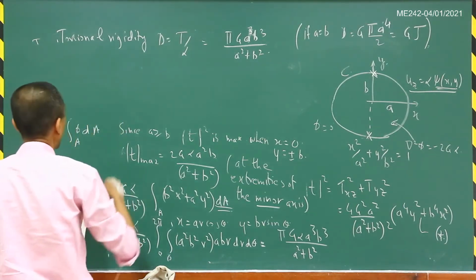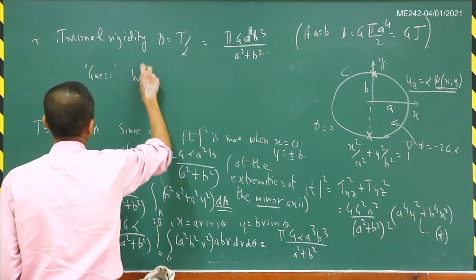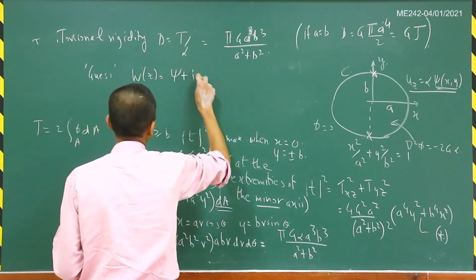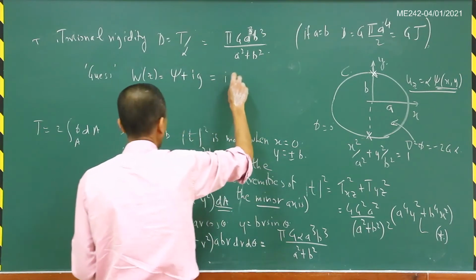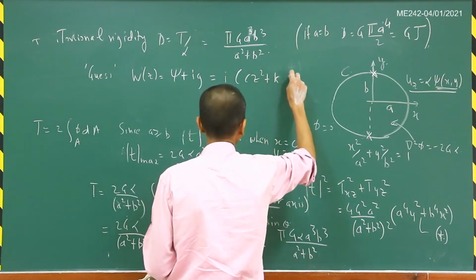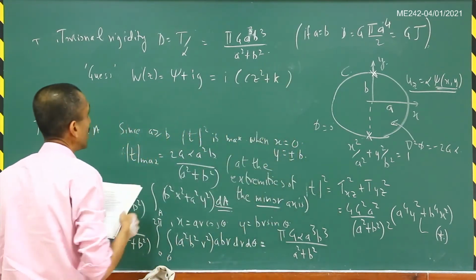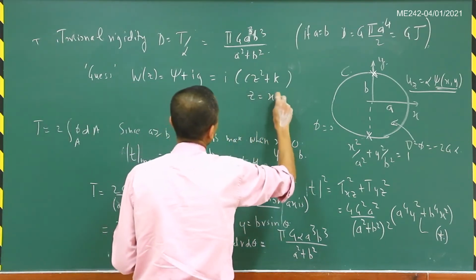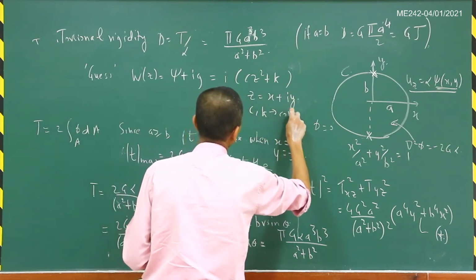So let's guess, in this case again, W of z is equal to psi plus i g is equal to i times (c z square plus k), where c and k are constants to be determined, and z is equal to x plus iy.